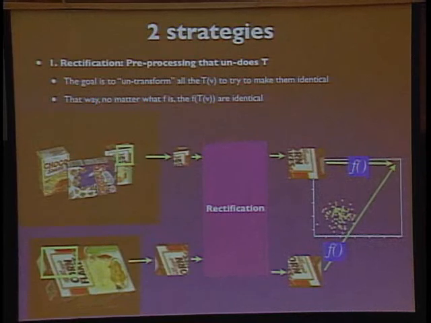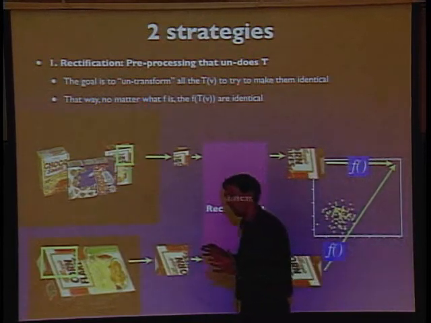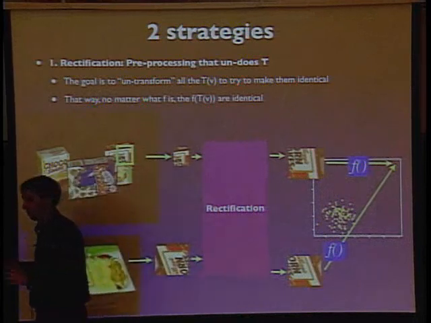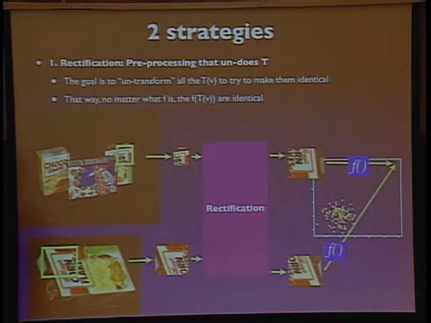So now it should be clear that once you do this rectification, then your feature function can really be anything at all, and you will always get the same feature vectors. Assuming, that is, that your feature function is something rational that always gives you the same feature vector if you give it the same input over and over again.